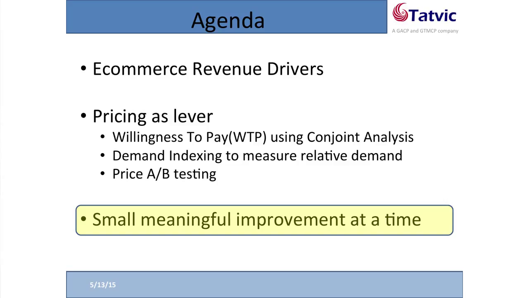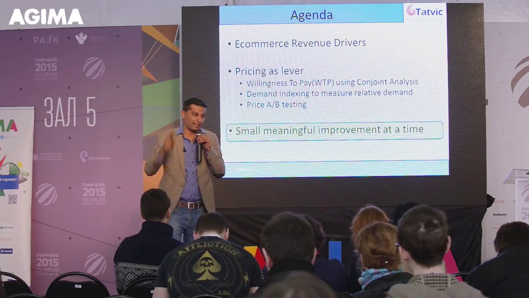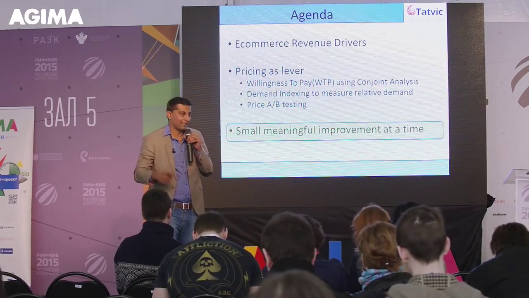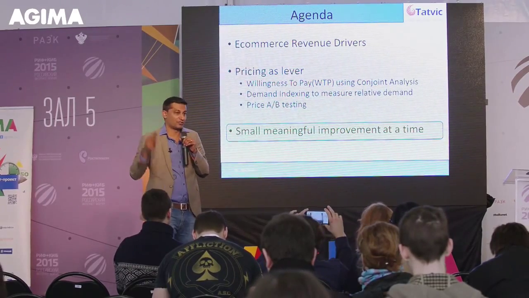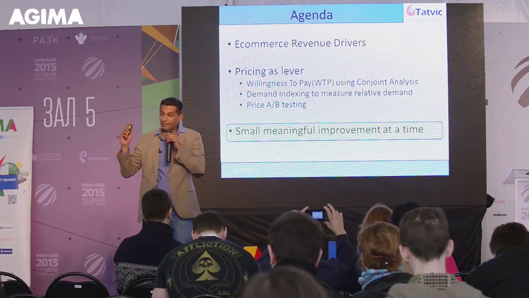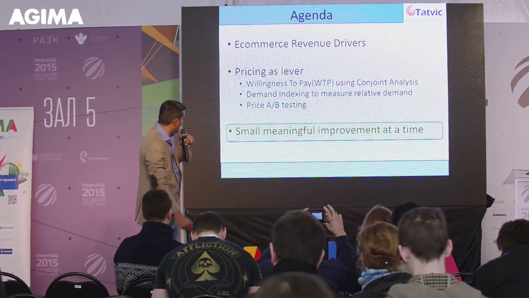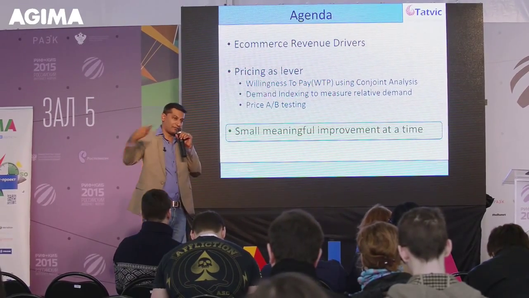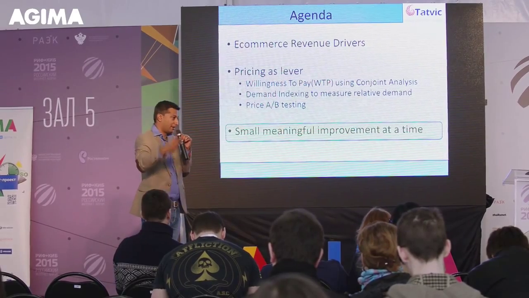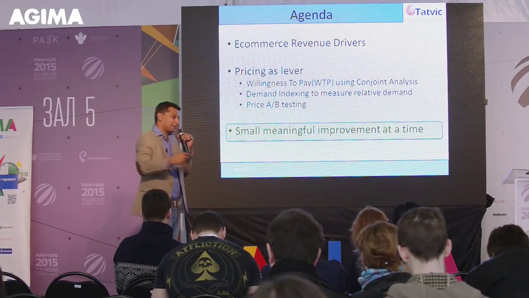So what did we learn? In the first step, we learned how to identify whether there is a willingness to pay, what factors people consider in their buying decision, and whether price is an important factor or not. In the second, we compared different products based on their demand.